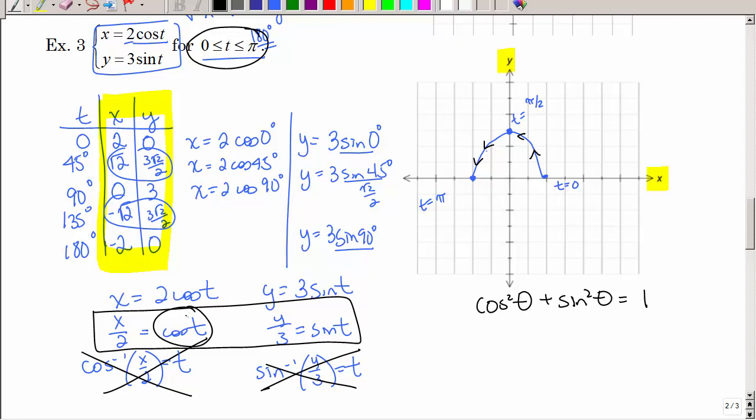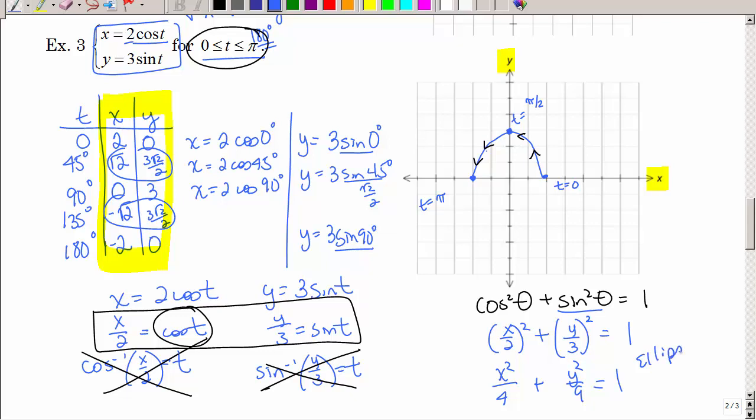Well, I have cosine, I just need to square it. So I'd have x over 2 squared. The sine is y over 3, I just need to square it. Look at that. What if I write that a little bit better? x squared over 4 plus y squared over 9 equals 1. What is that?